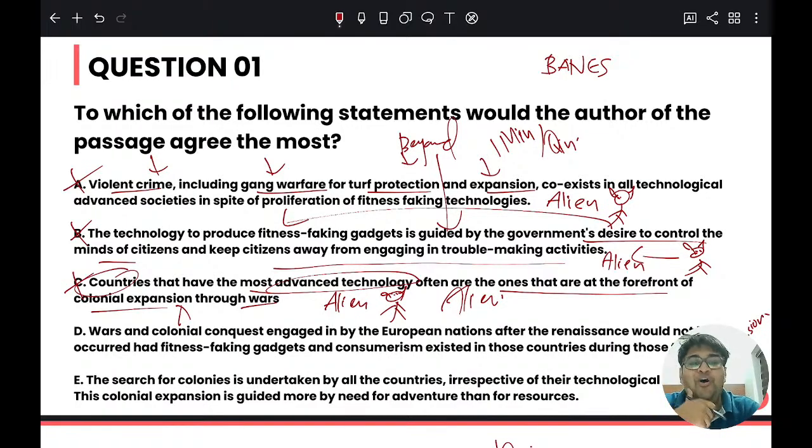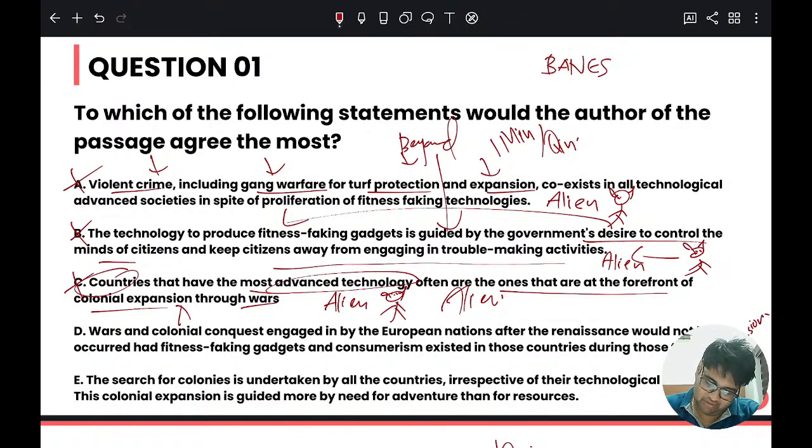Wars and colonial conquest engaged in by European nations after the Renaissance would not have occurred had fitness-faking gadgets and consumerism existed in those countries.